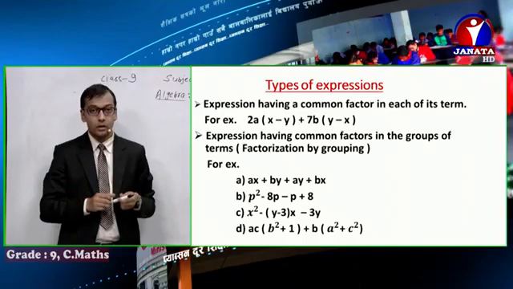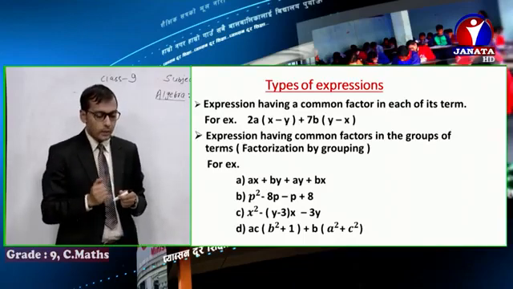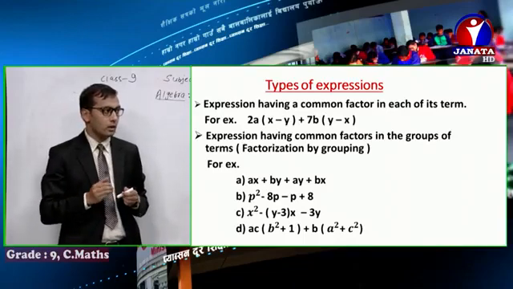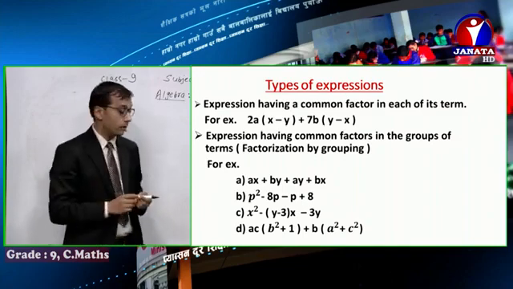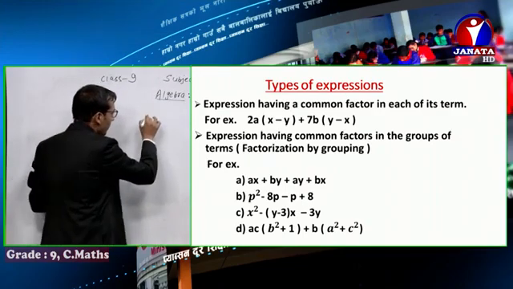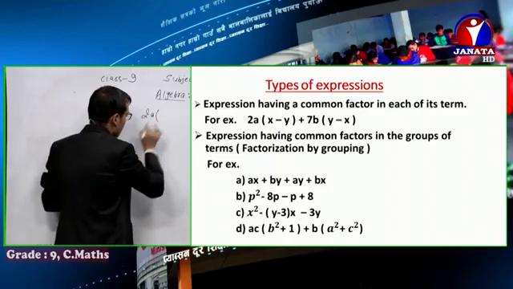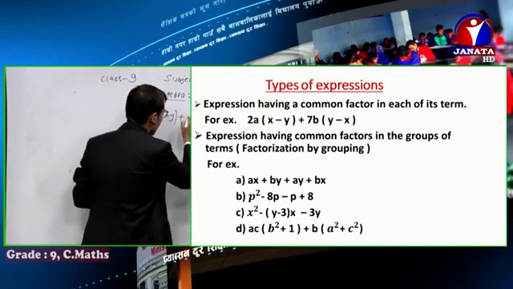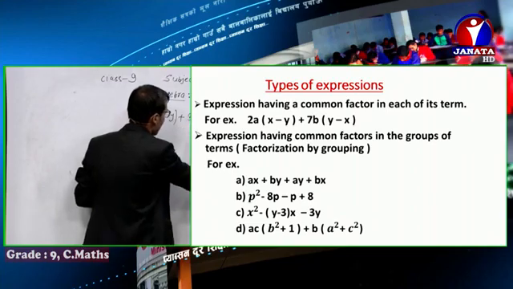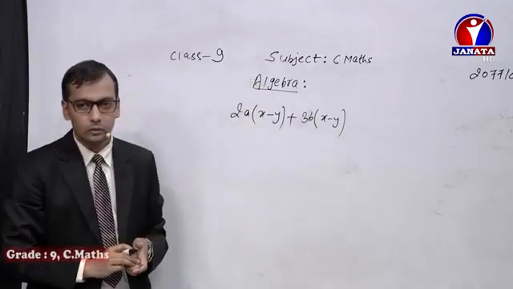First, let me talk about expressions having a common factor in each of their terms. That means 2a times x minus y plus, suppose let's write here, 3b times x minus y. So I am taking an example.